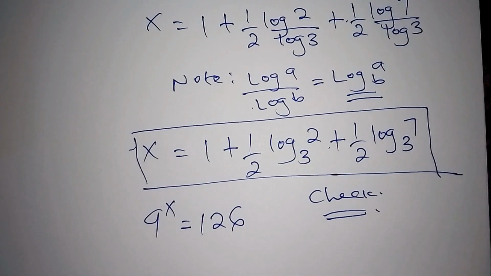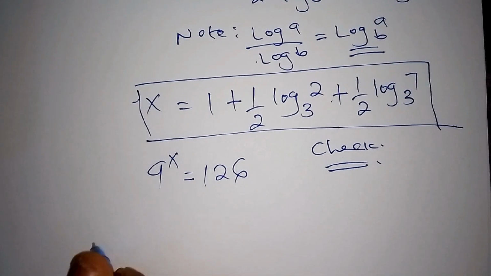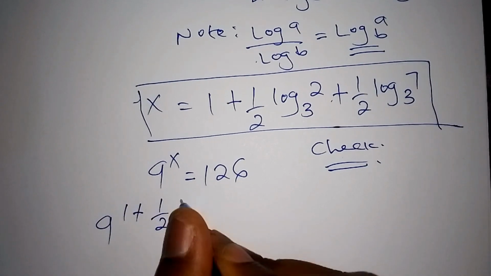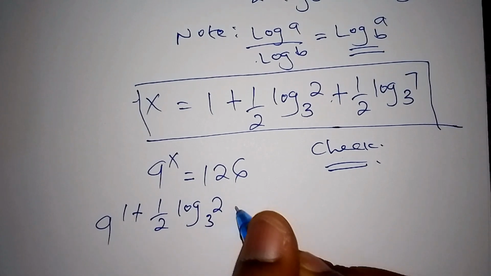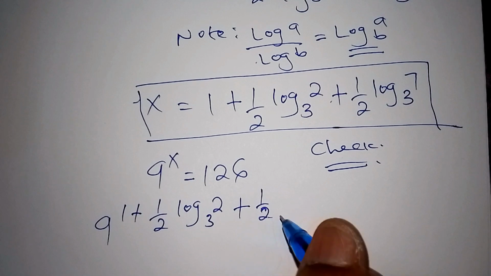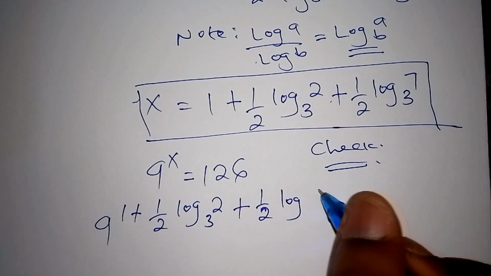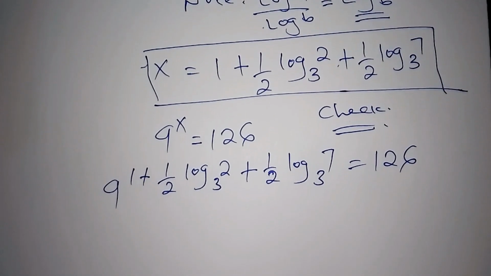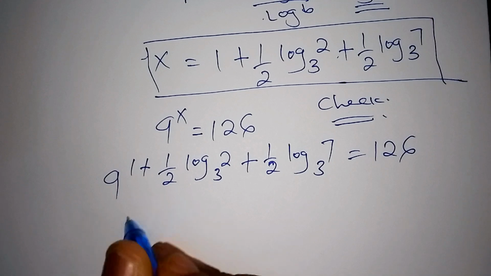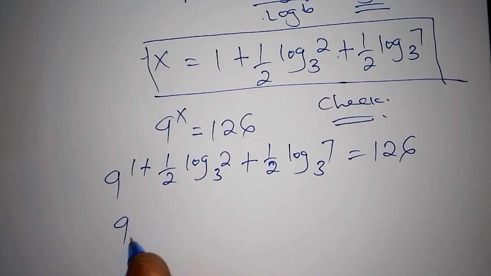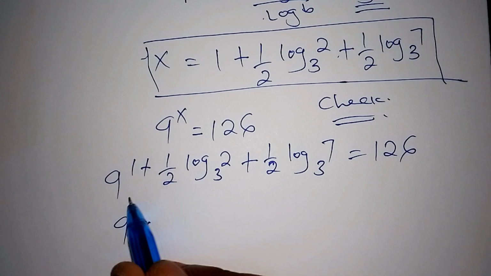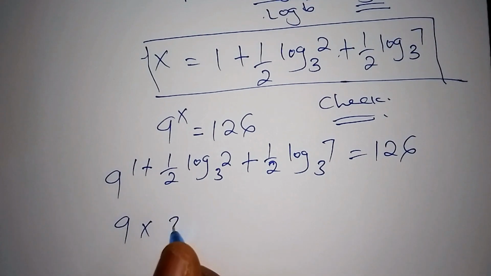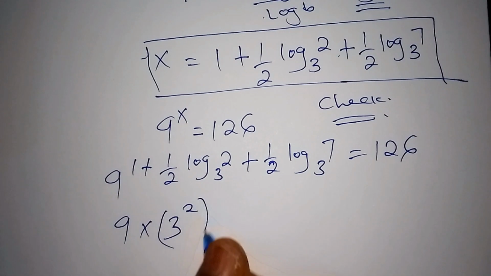In this case we have 9 to the power of 1 plus a half log 2 to base 3 plus a half log 7 to base 3 is equal to 126. 9 to the power of 1 is 9, so 9 multiplied by 9 to the power of a half, which we can write as 3 squared, to the power of a half log 2 to base 3.